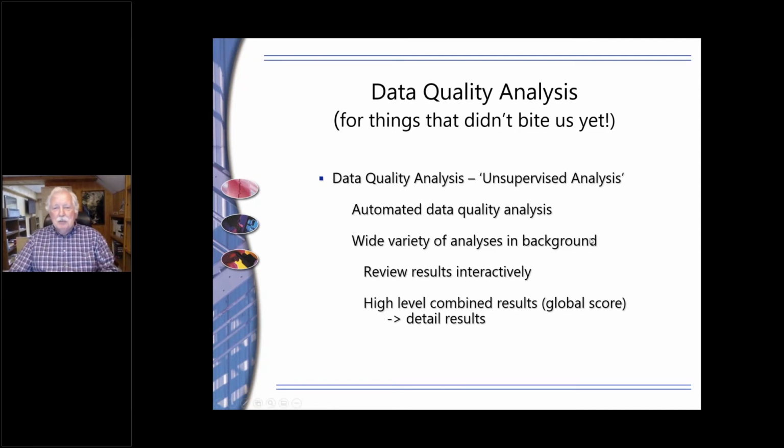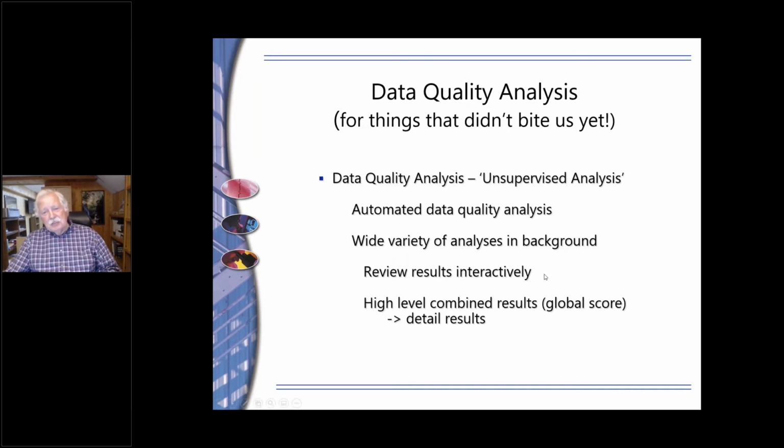Very much similar to some of the other presentations that we've seen before, not having to specify which tests, which variables, which thresholds, but rather use a variety of statistical tests and some other checks to consider. We're not yet adding machine learning, but we're planning on adding that.